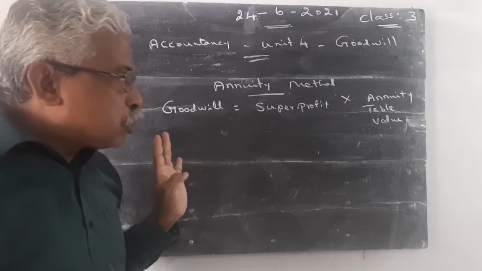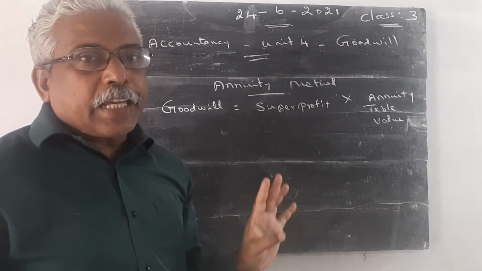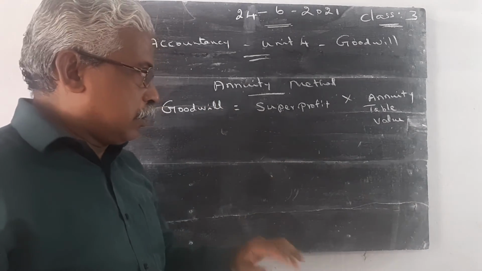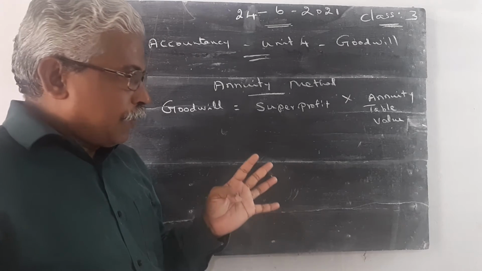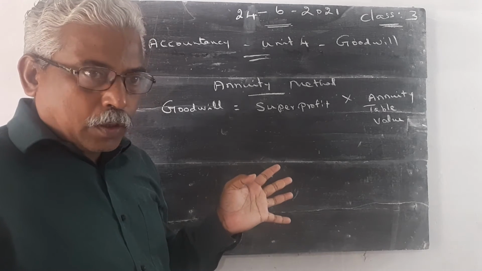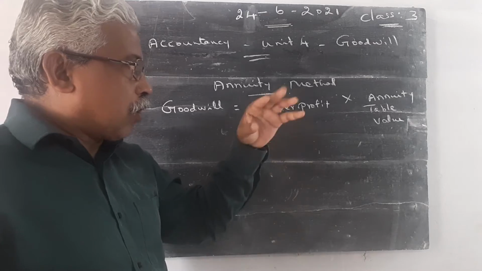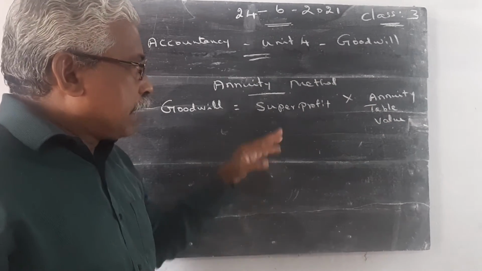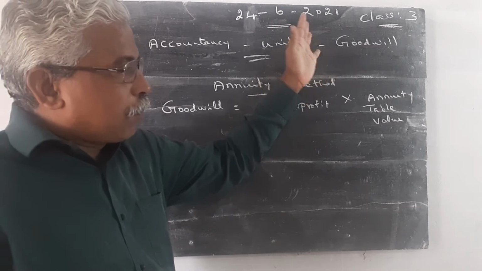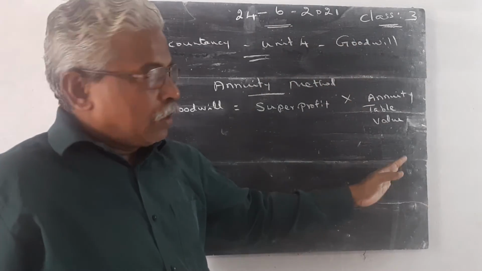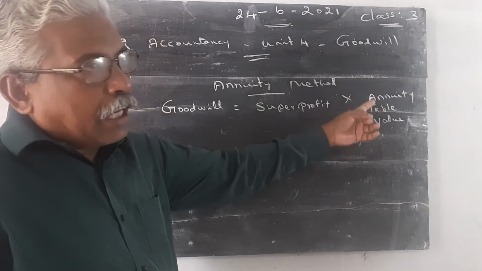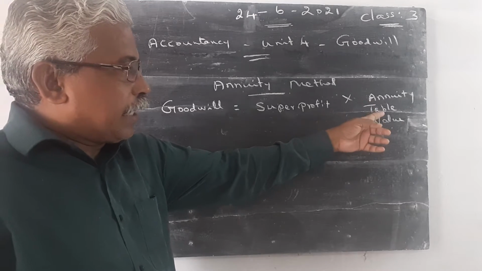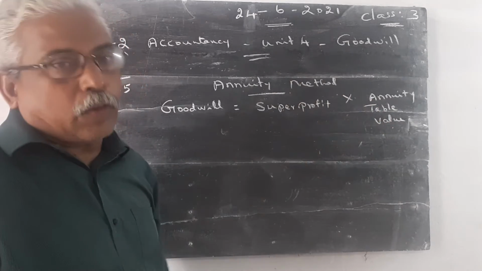What is an annuity table? It is just like a logarithm table. In lower classes, we studied the clock's table, in which a logarithm table is given. Likewise, in accountancy also there is a table called the annuity table. The values are given in the annuity table, and with the help of that table, the goodwill is calculated.